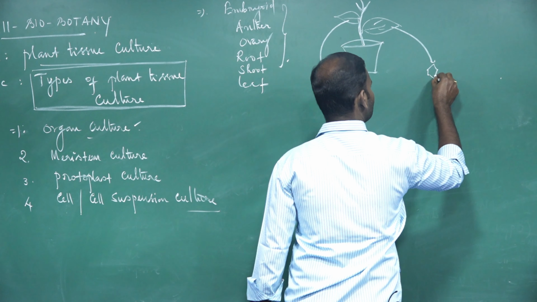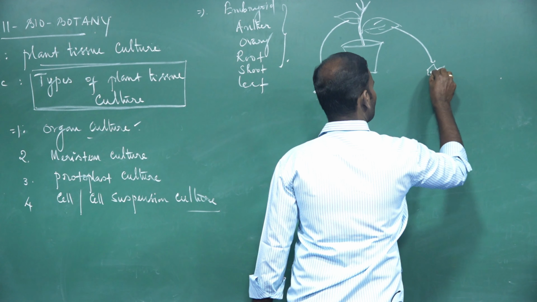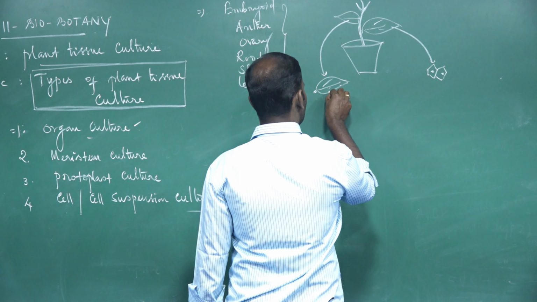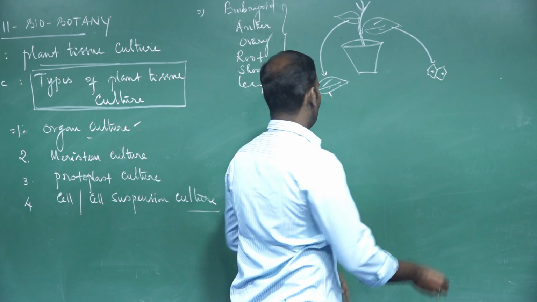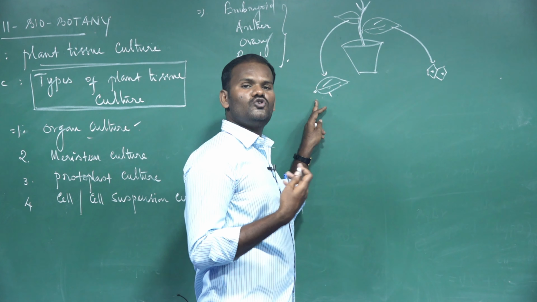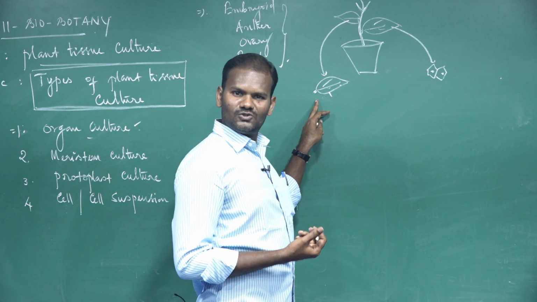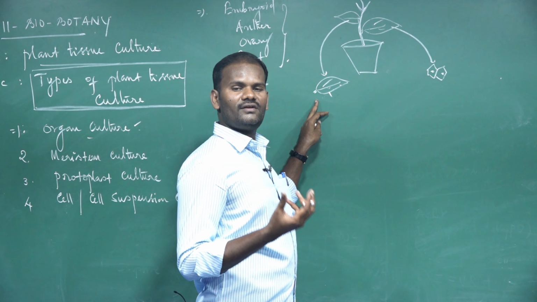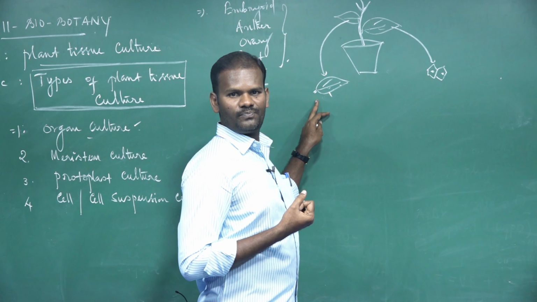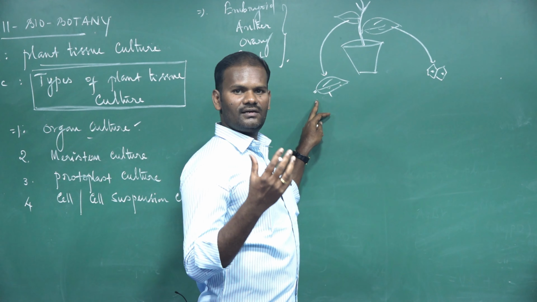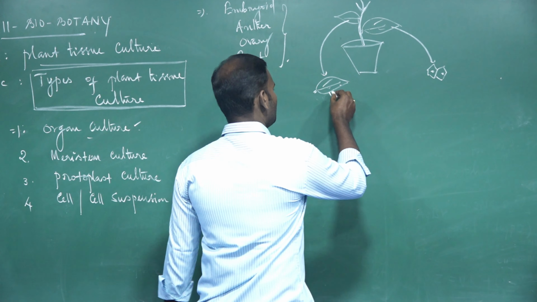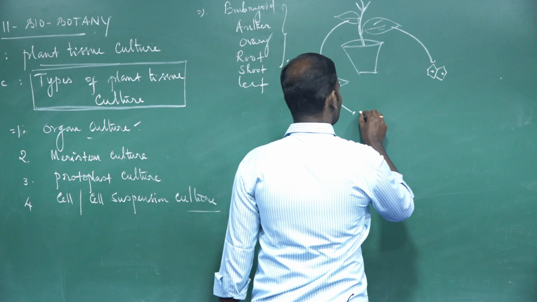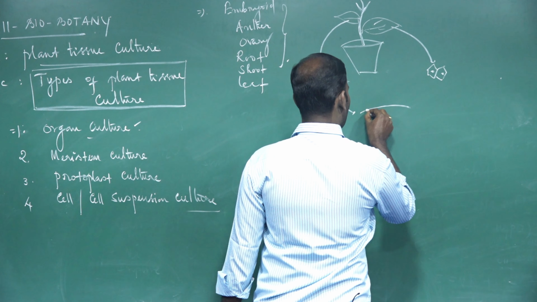Yes, it is a cell. So both are sterilized before they are introduced into the culture medium. You know I already pointed out how to sterilize by using 2% sodium hypochlorite or 0.5% mercuric chloride. These are the sterilizing agents that are used to sterilize the explant. Sterilize, and it is introduced into the culture medium.